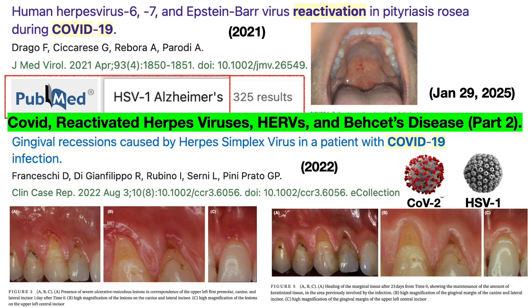The second paper we discussed was gingival recessions caused by herpes simplex virus in a patient with COVID-19 infection. So this 3-step process, COVID-2 reactivating a herpes virus, in this case HSV1, and the reactivation of HERVs, leads to the formation of lesions. This shows the complexity of the pathogenesis and helps steer the discussion towards various therapeutic interventions.